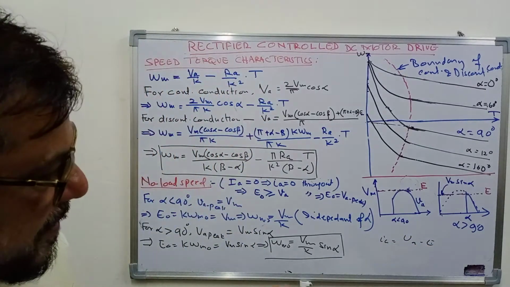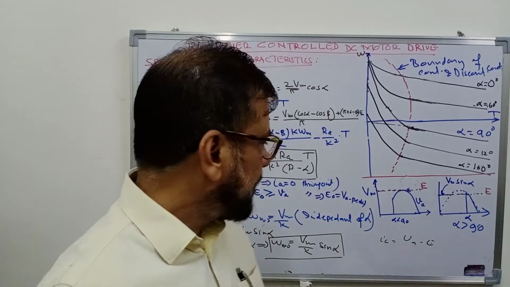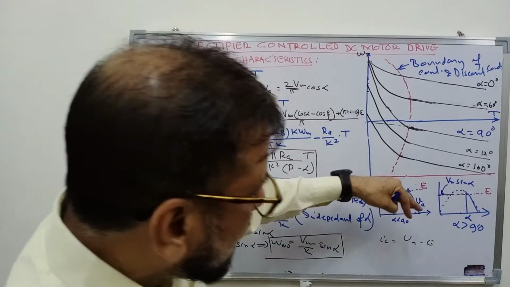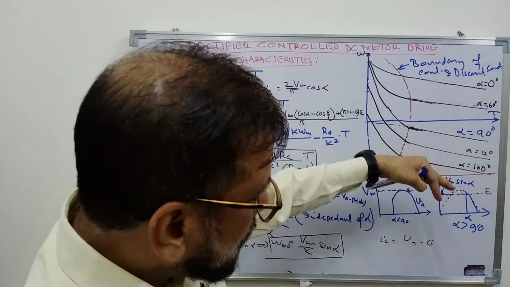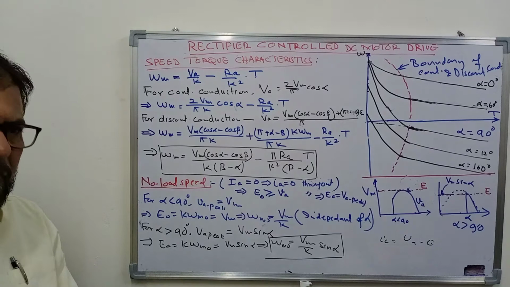So this means that VA should be equal to E, or you can say that the peak value of the armature voltage should be equal to the back EMF E, so that current never flows.